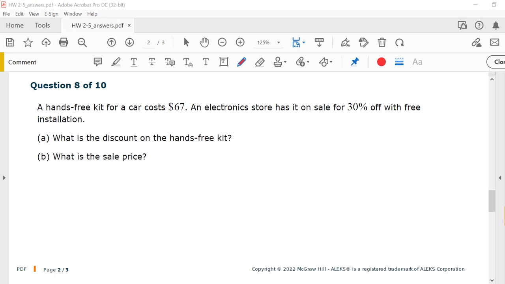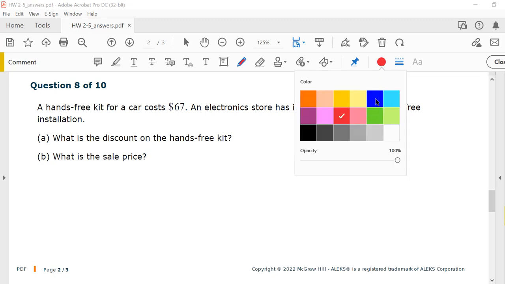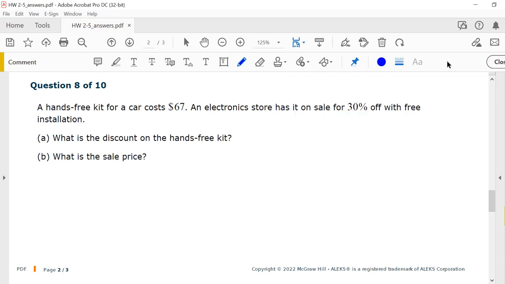It has it on sale for 30% off. So here's the first question I'm going to ask. What is 30% of 67? So it's originally $67. It's 30% off. What is 30% of 67?